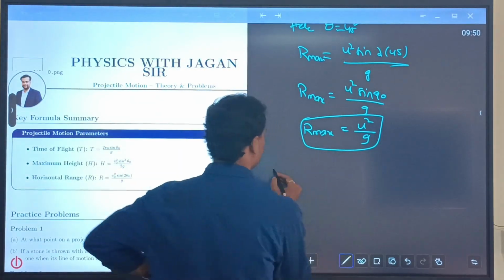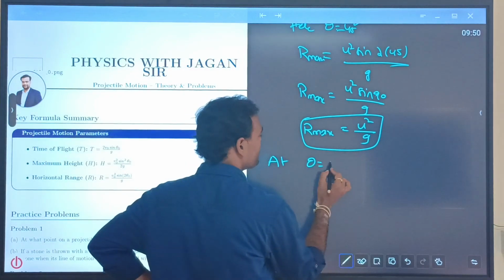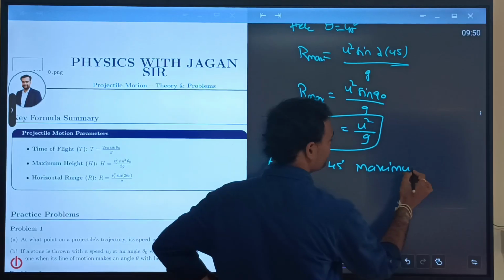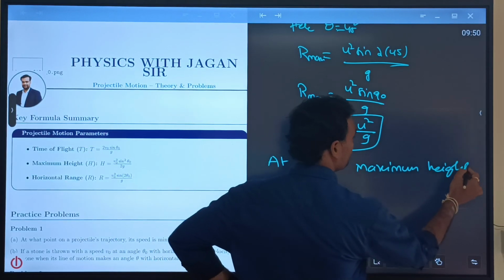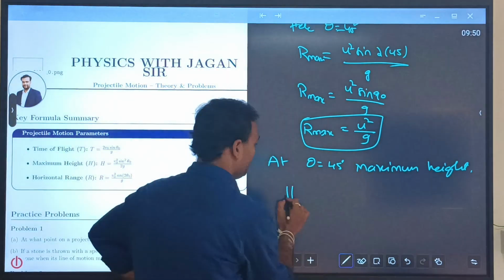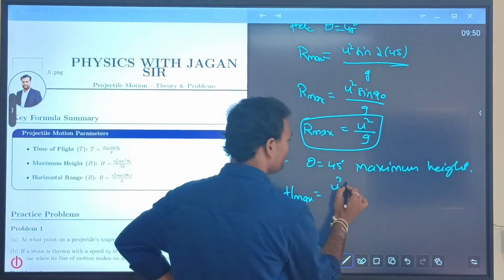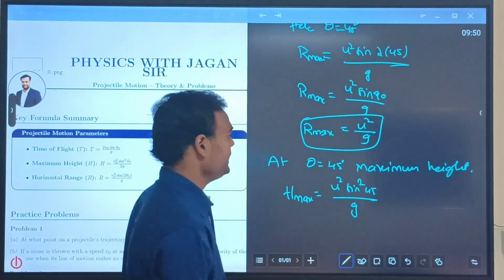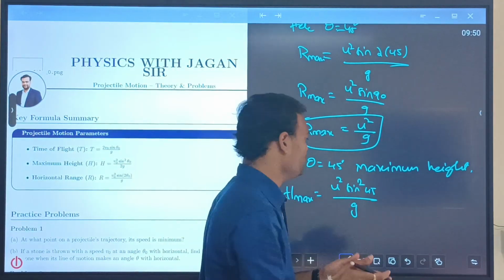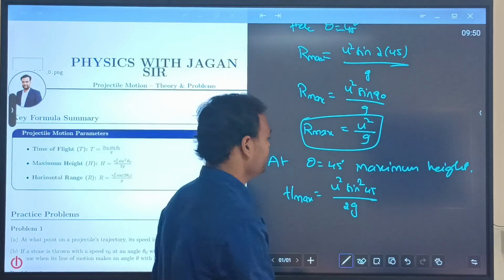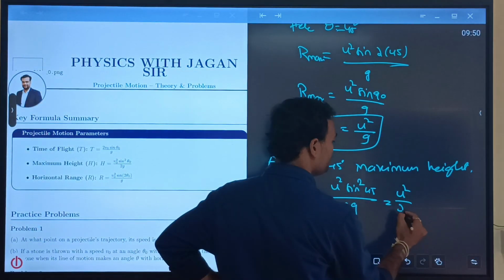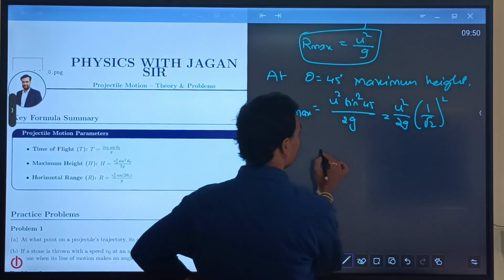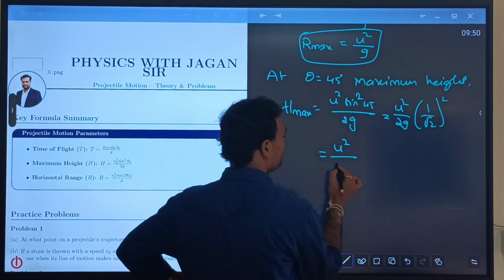Now the next point: at theta equal to 45 degrees, the maximum height. H max is equal to u square sin square 45 by 2g, right? Now u square by 2g times 1 by root 2 whole square gives us u square by 4g.